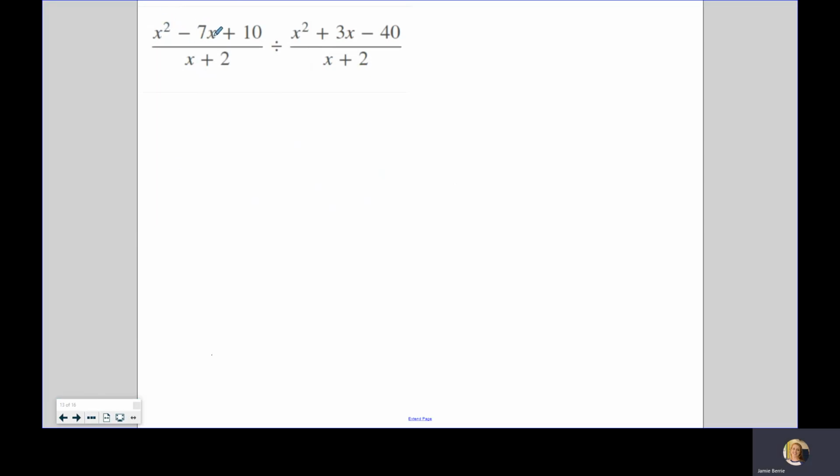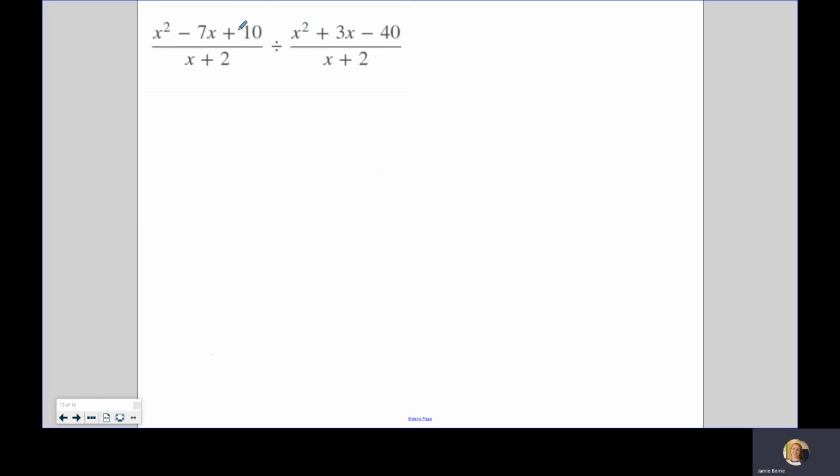x squared minus 7x plus 10 over x plus 2 divided by x squared plus 3x minus 40 over x plus 2. All right, so here we have two polynomials in the numerator that have leading coefficients of 1, so they're going to be pretty easy to factor.